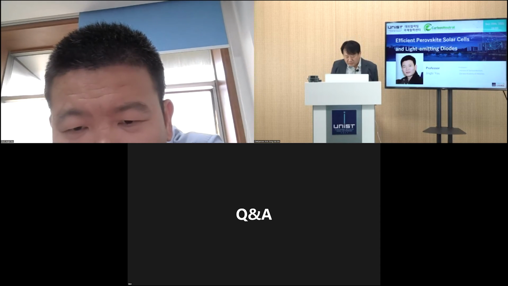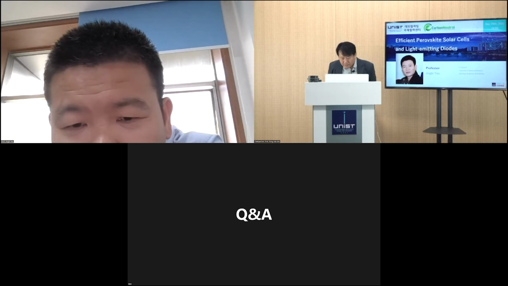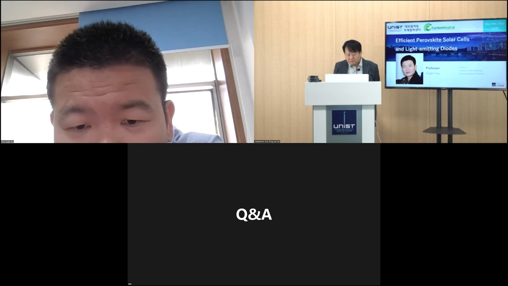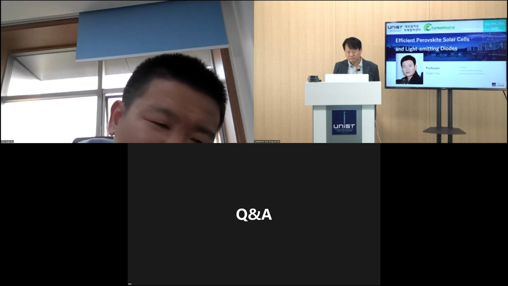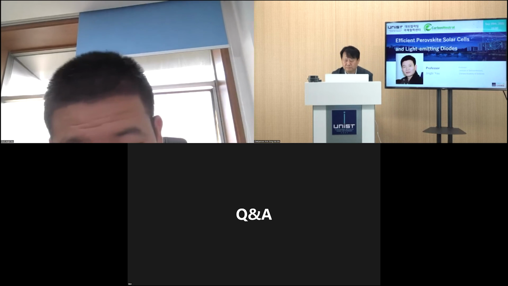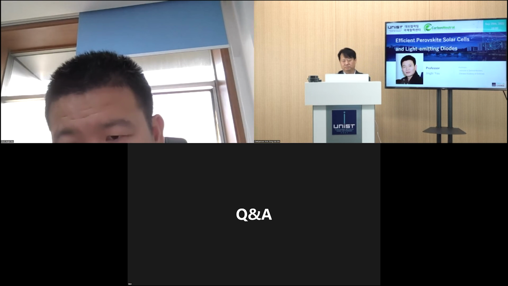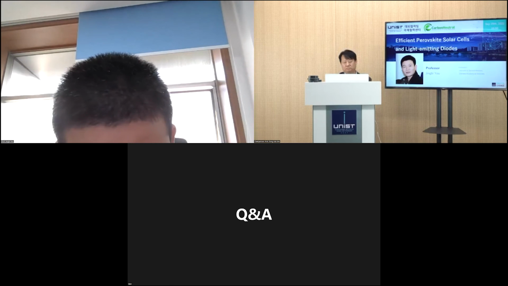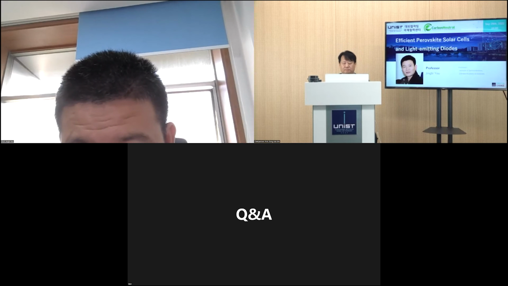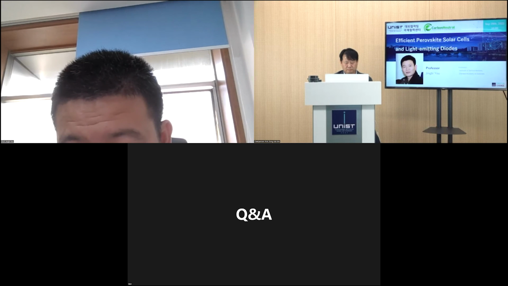Yes, another question is about carbon double bonds in passivation materials. What's the problem? I think this is similar in solar cells. The carbon double bond, or the carbon oxygen bond, or other bonds, means there could be some unpaired electrons that can combine with vacancy sites of the perovskite.